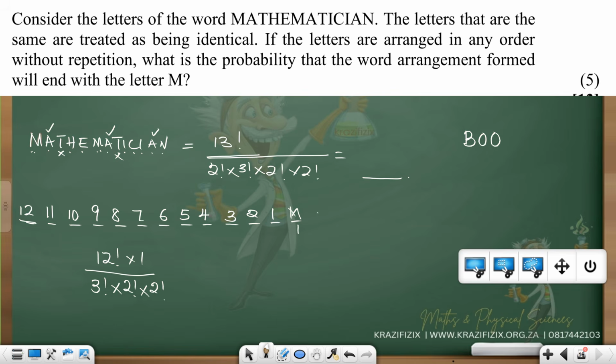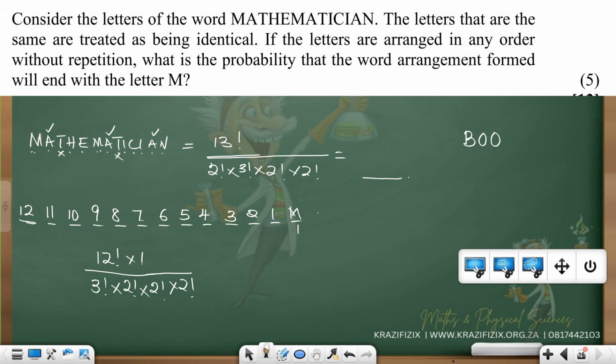I have to account for it, because if I start with M1, mathematician, and the other M is at the end, and I swap them, I'm still writing what? The same thing. So I'll come here and account for that M as well. You see, what's going to happen to the M? Because it's M1, M2. Are we okay, guys? Did it make sense? So every time we divide, we are accounting for what? A repeated letter, because we want to cancel it.